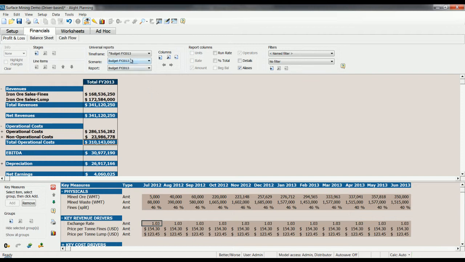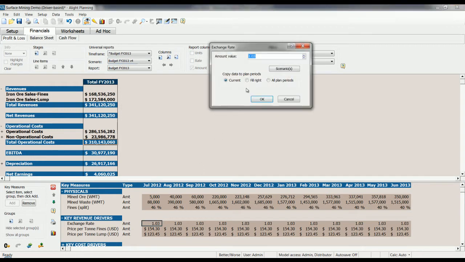So that has created a new scenario here called Budget FY 2012 V4. You can see there were some other scenarios here for the different rounds of the budget. So let's change the rates here. Change it back to parity again.